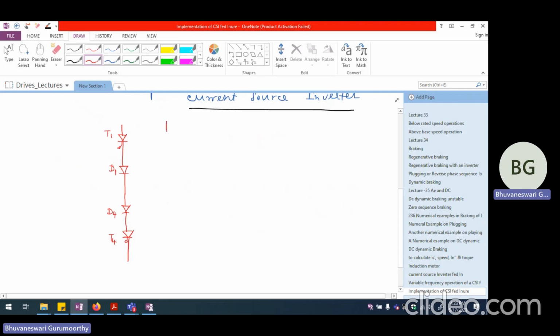The same way, I should be able to draw this for the next phase. So this is T3, this is D3, this is D6, and this will be T6.